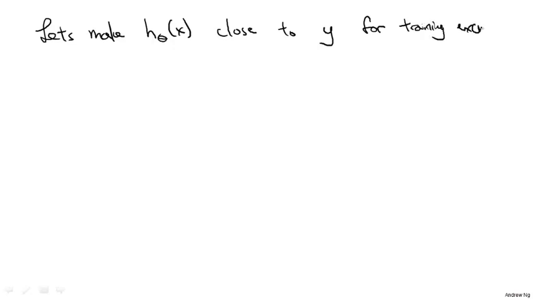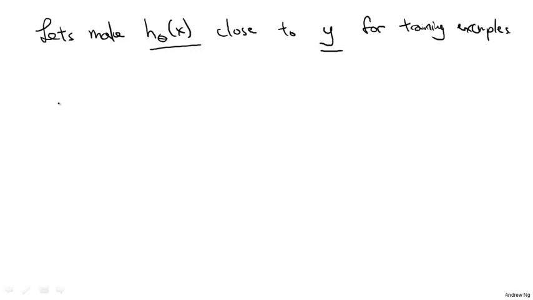Okay? So just remember the notation, right? y is the value we're trying to predict, this is the price of the different houses, and h of x is the value that our hypothesis predicts on a certain input x, on a certain input size and number of bedrooms.